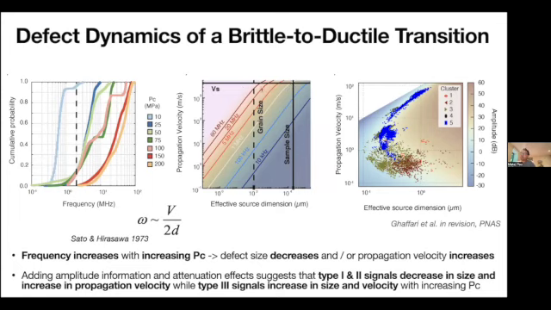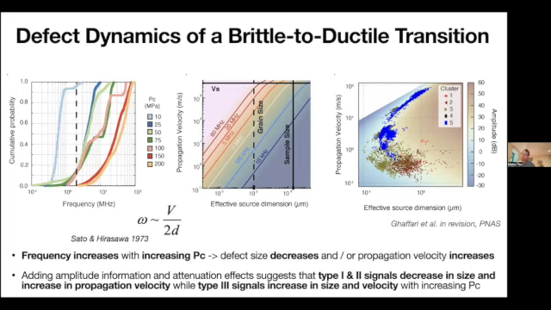We have, of course, some constraints on how large our sample is and how fast the S waves are propagating in the sample. So we know that we must be somewhere in this regime, but without direct observation, it is difficult to exactly constrain what the size or velocity of these defects is.